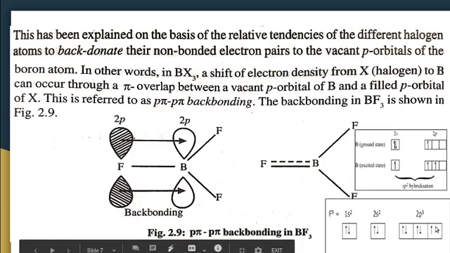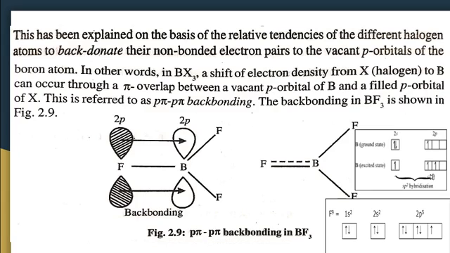That one unpaired electron forms a covalent bond with each sp2 hybridized orbital of boron, forming 3 covalent bonds. The 3 sp2 hybridized orbitals contain 3 electrons that can form covalent bonds with fluorine atoms.